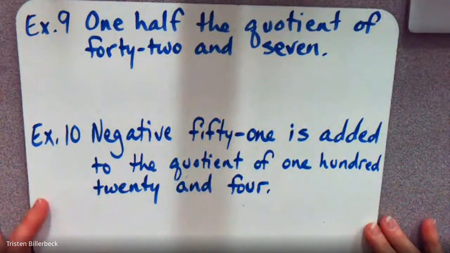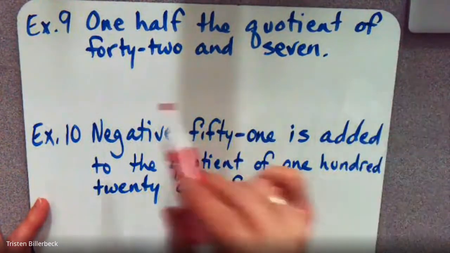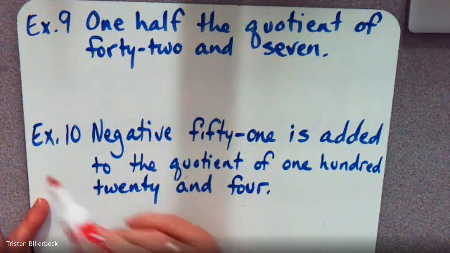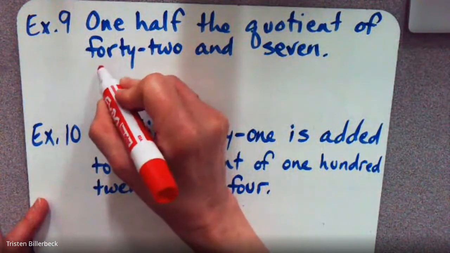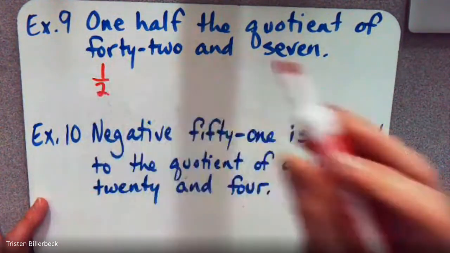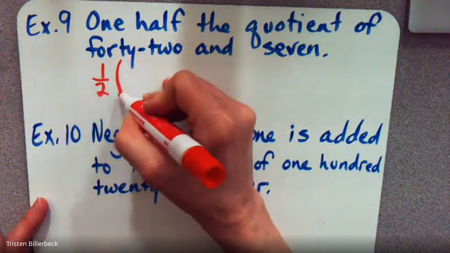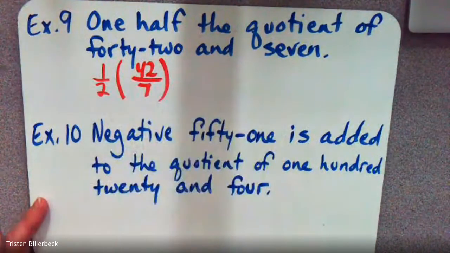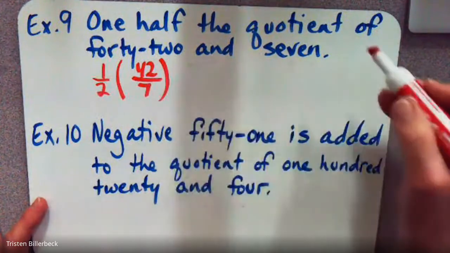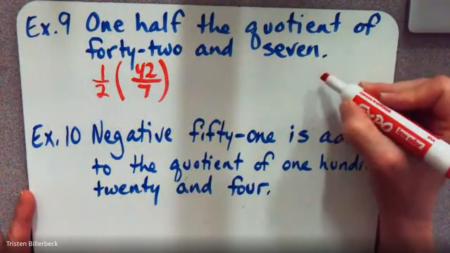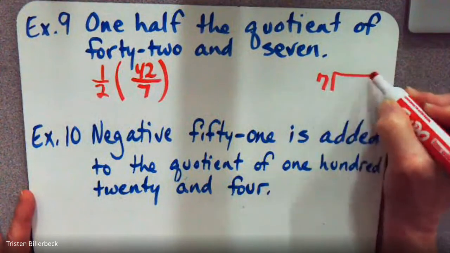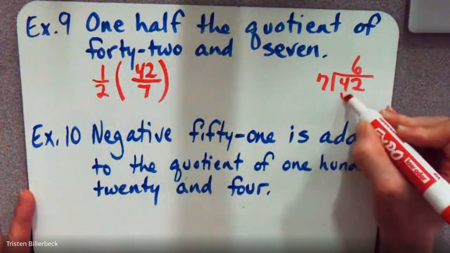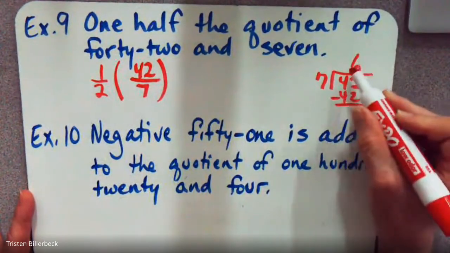So if I have 1/2 the quotient of 42 and 7, we could figure out what the quotient is very quickly because we could put the 7 as the divisor and the 42 as the dividend, and we see there are 6 7s in 42.